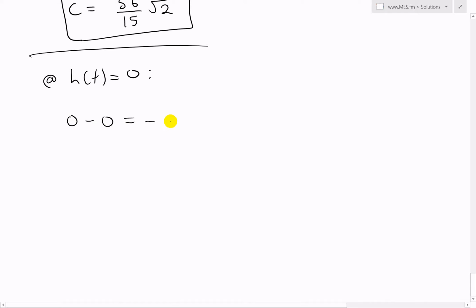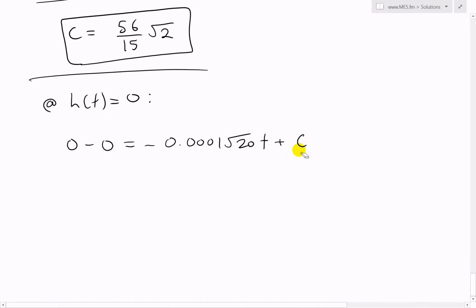This equals negative 0.0001 square root 20 times t, because we have to find what t is when it's fully drained, plus the constant C, which is this number right there, 56 over 15 square root 2.